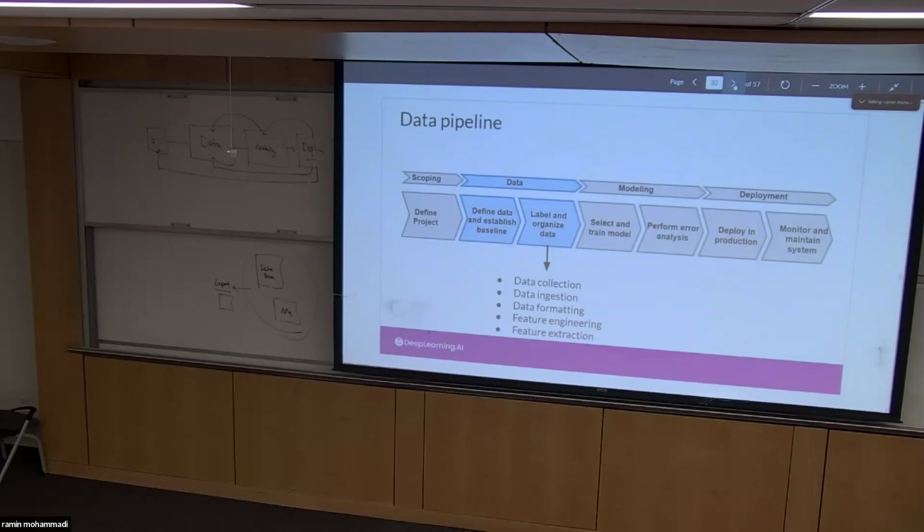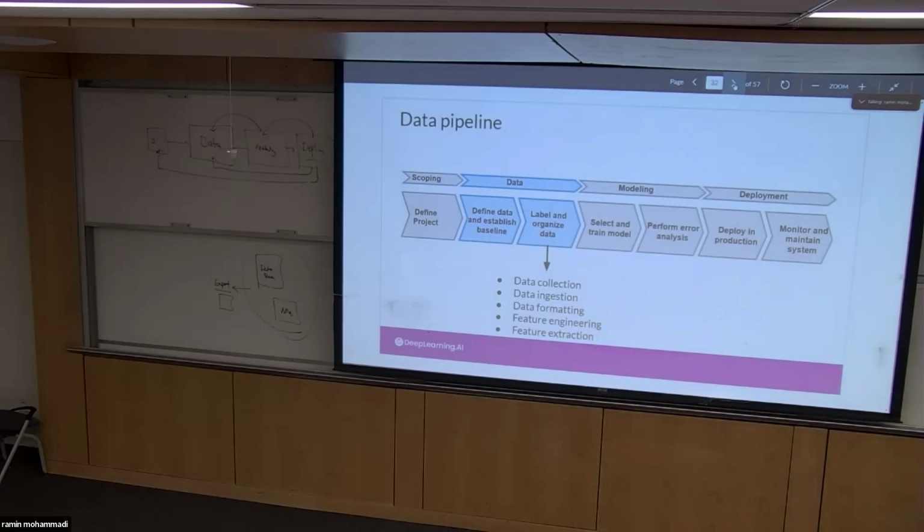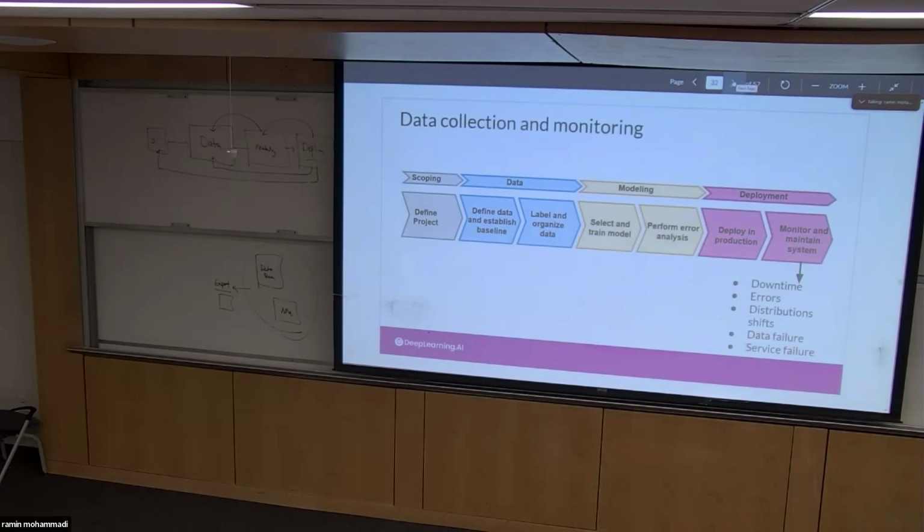When it comes to the data pipeline, you need to think about data collection, ingestion, data formatting, feature engineering, feature extraction. These are just examples of the data pipeline. But your data pipeline doesn't just end at the data stage.